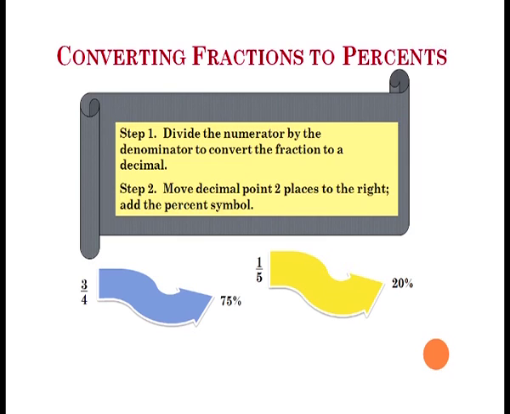Similarly, take the fraction 1 by 5, where the numerator is 1 and the denominator is 5. Its decimal value is 0.20, and to convert it to a percent, we move 2 places to the right, which gives 20%.